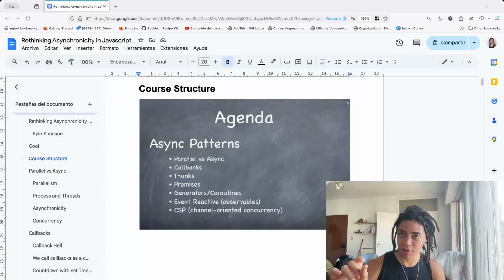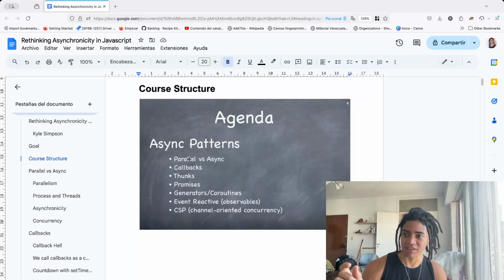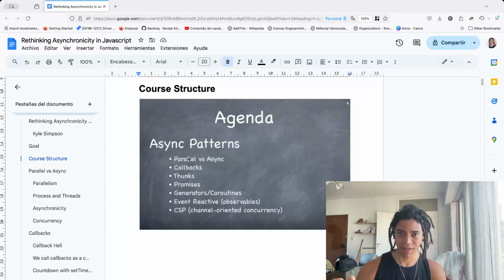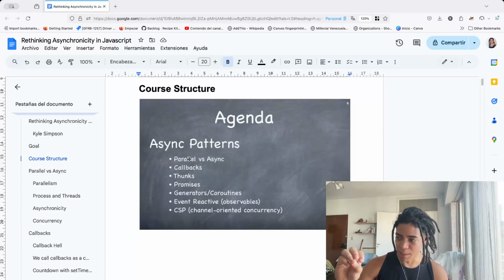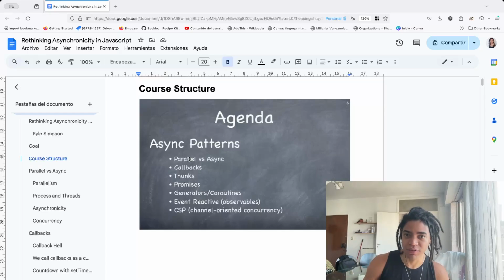So if you think about it in terms of asynchronous programming, it's the same as synchronous, but you have this function, you pass everything that it needs, and by the time that you get that value, you pass a callback to get the value out of it.